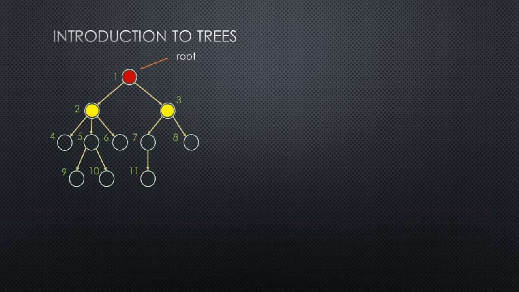I'll write down all of these terms I'm talking about. We mentioned root, children, and parent. In this tree, 1 is parent of 2 and 3. And 4, 5, and 6 are children of 2. So 2 is the child of 1 and parent to 4, 5, and 6.